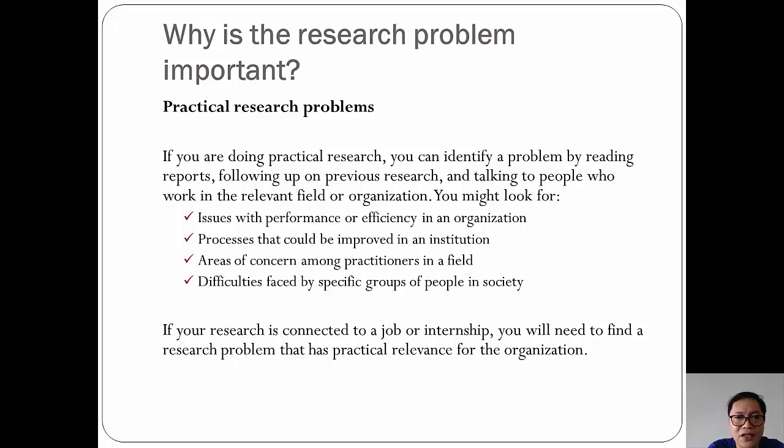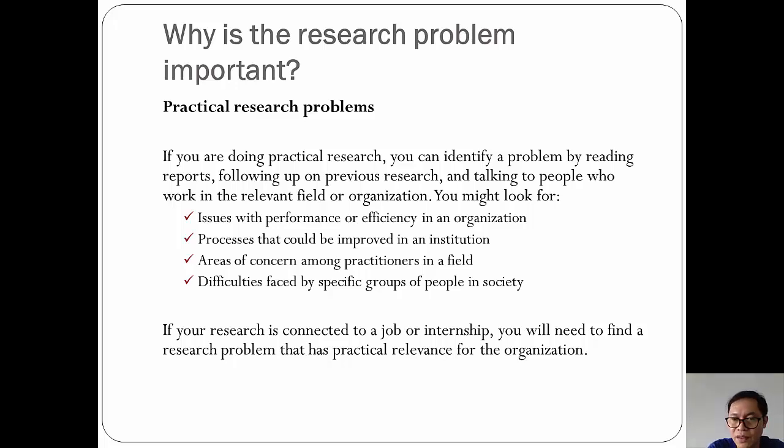You might look for issues with performance or efficiency in an organization, processes that could be improved in an institution, areas of concern among practitioners in a field, difficulties faced by specific groups of people in society. So if your research is connected to a job or internship, you will need to find a research problem that has practical relevance for the organization. That is an example, job or internship.